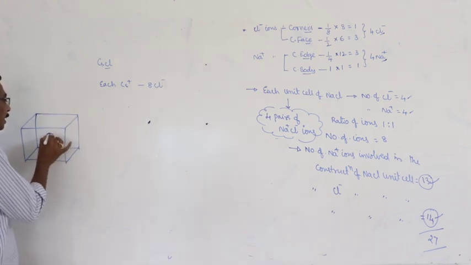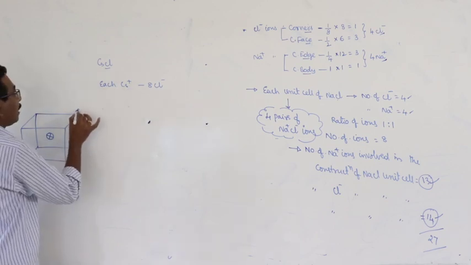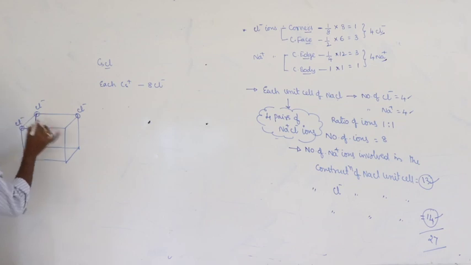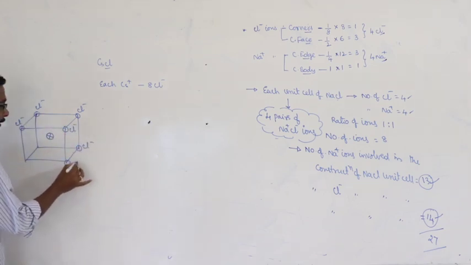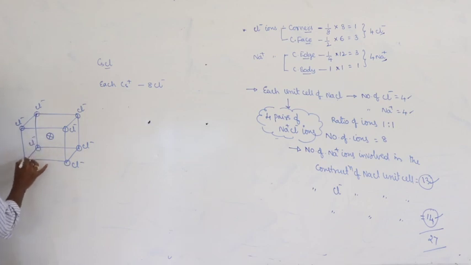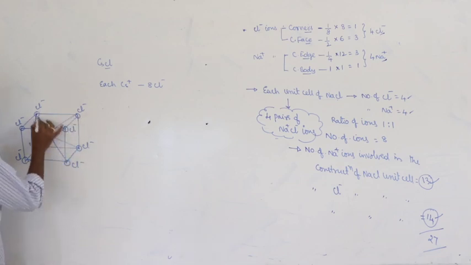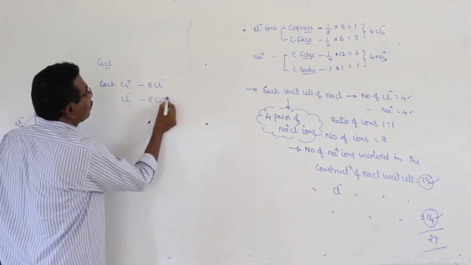Here Cs plus ion is present at the center of the body, and Cl minus ions are present at the corners. And each Cl minus ion is surrounded by 8 Cs plus ions.